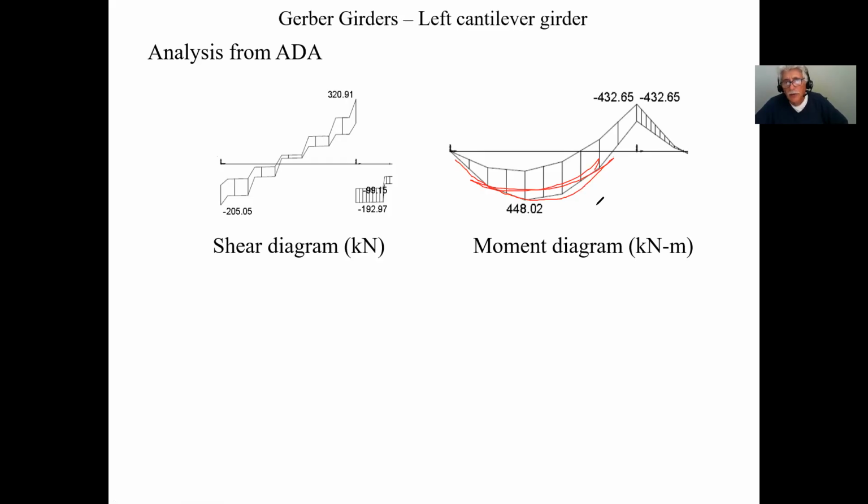Does anybody know what this line tells you? What happens at this point here? Or what happens at this point here? There's no moment. Okay, in other words, from here, there's no moment, okay? Now, what happens here? What do we mean that this is negative?